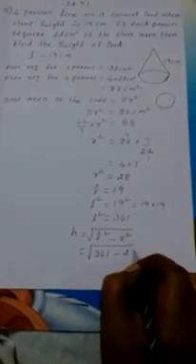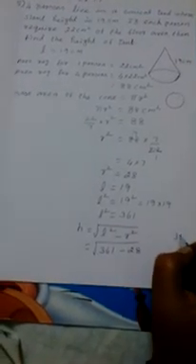Now we have to find H, because in the question they asked us to find the height of the tent. Write the formula to find height: H equal to square root of L squared minus r squared. Now substitute the values. L squared is 361, r squared is 28. 361 minus 28.